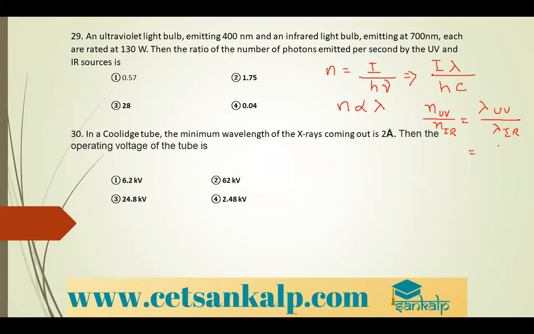So lambda UV is nothing but 400 divided by 700, nanometer cancels. So it is 4 divided by 7, which is 0.57. So option A, that's option 1.